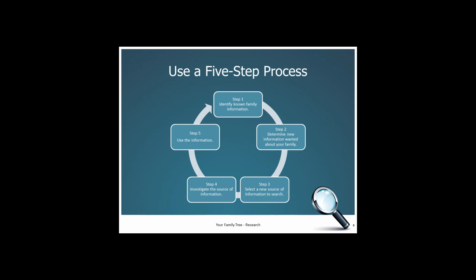Use a 5-step process. The research 5-step process is to help you conduct your research. Each step involves several tasks that will be repeated as you attempt to identify specific pieces of information about your ancestors. Identify the results to be accomplished in each step.